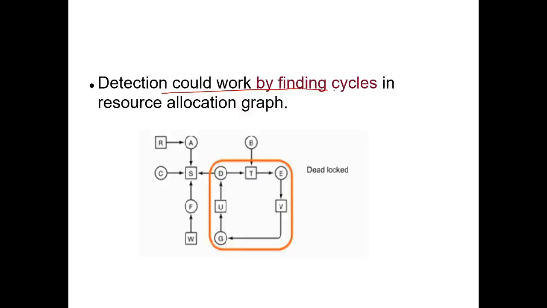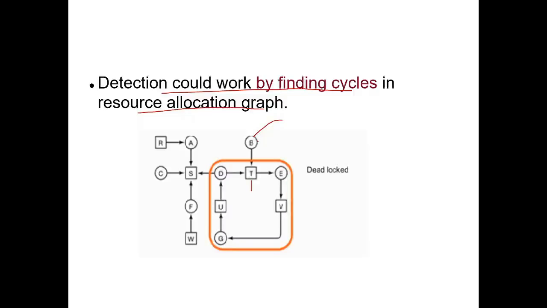Detection could work by finding cycles in the resource allocation graph. In the previous session we studied the resource allocation graph, which says whether the system is in a deadlock or not. Here the circles represent processes and the rectangles represent resources.